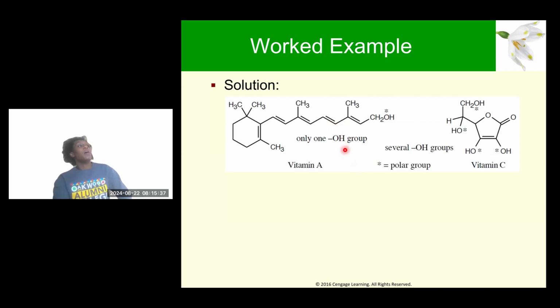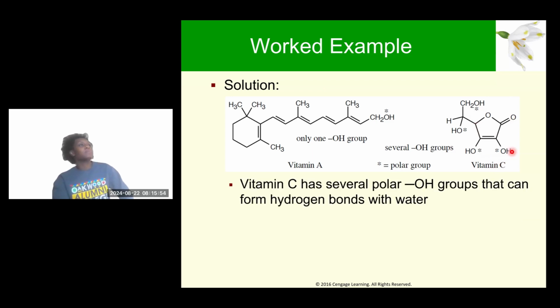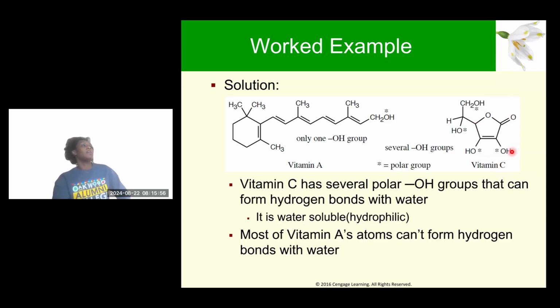hydrophobic, okay? There's only one OH group. So this is not like water. This would be hydrophobic, whereas this one has several OH groups. Therefore, it's polar. Therefore, this is hydrophilic. Okay?